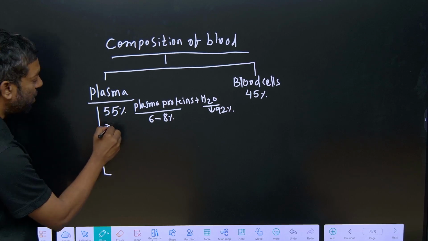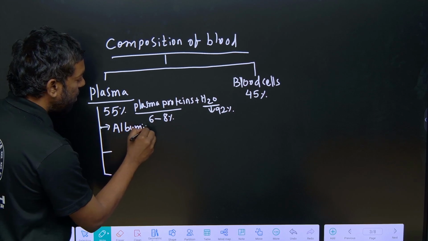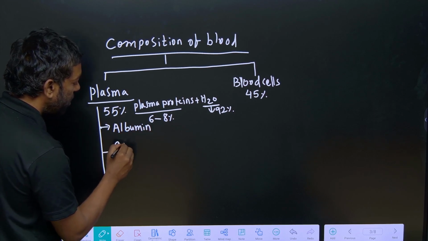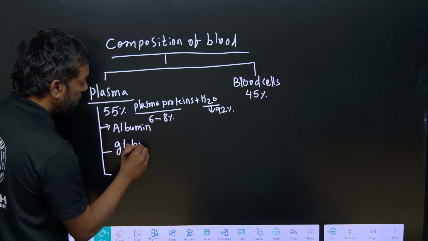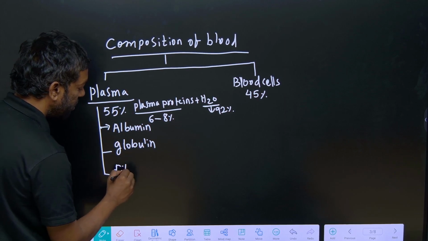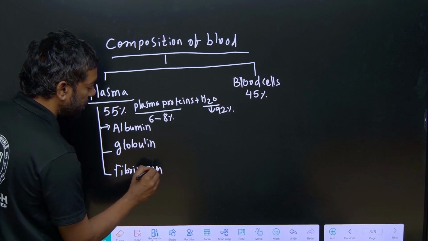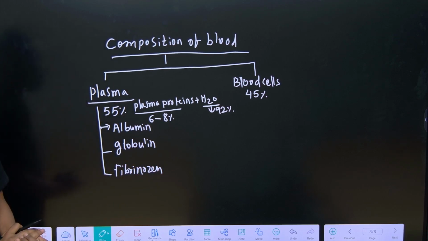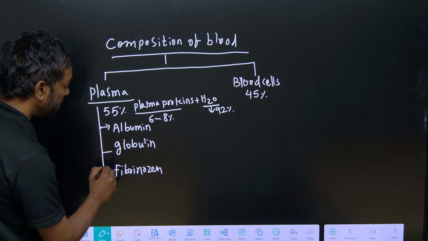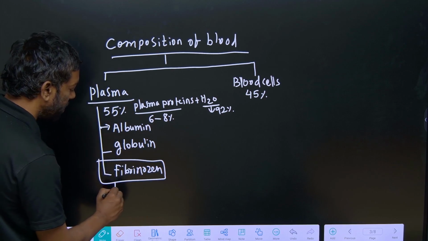Plasma proteins are albumin, globulin, and fibrinogen. Fibrinogen is a blood clotting factor.